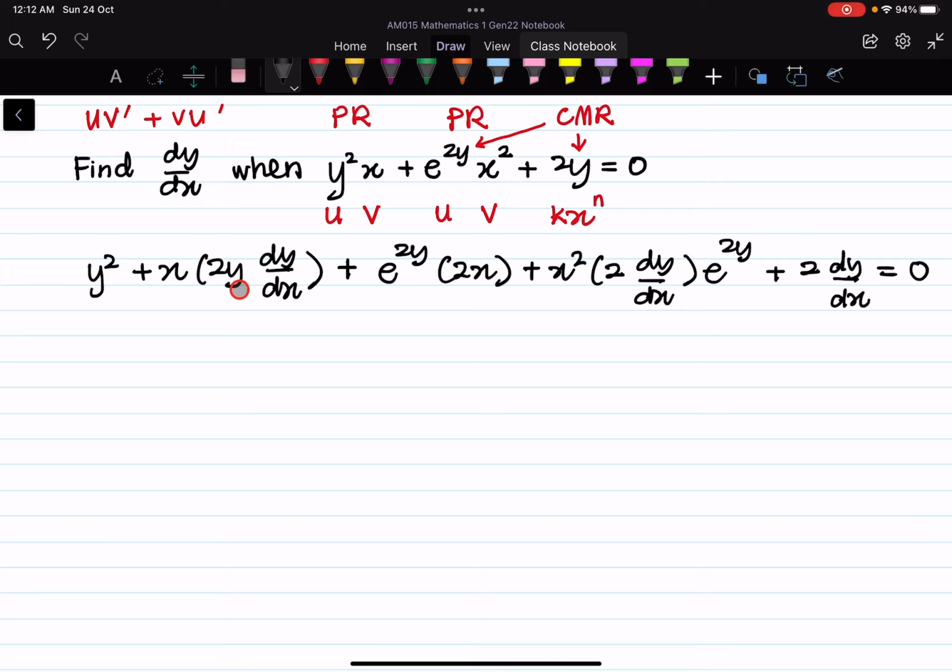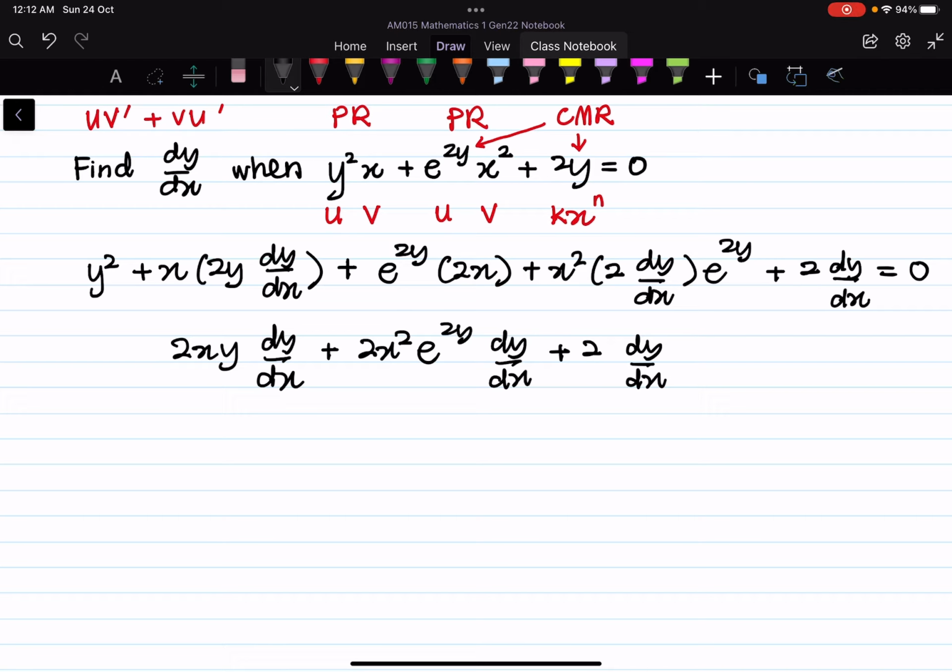We're going to get 2xy dy/dx plus this one, 2x squared e to the power 2y dy/dx, plus 2 dy/dx equals, and the terms without dy/dx we're going to bring to the right hand side.